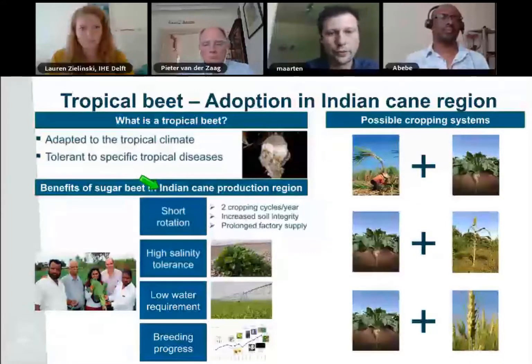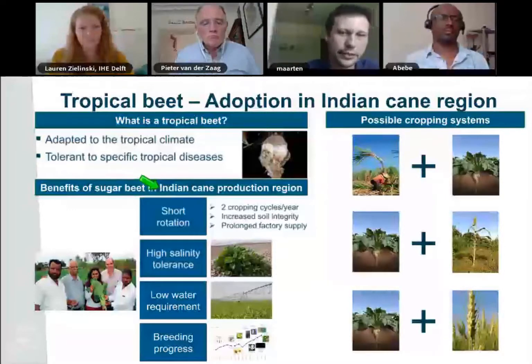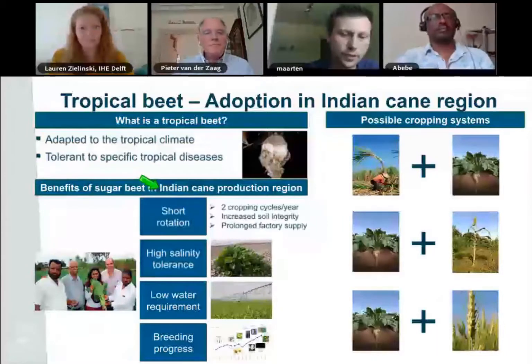And then finally, the possible cropping systems that have been explored and implemented in India, in the region where sugar beet has been introduced. The most adopted system is one where, between the renewal of a cane plantation, they fit in a sugar beet cultivation, so a little rotation with sugar beets.